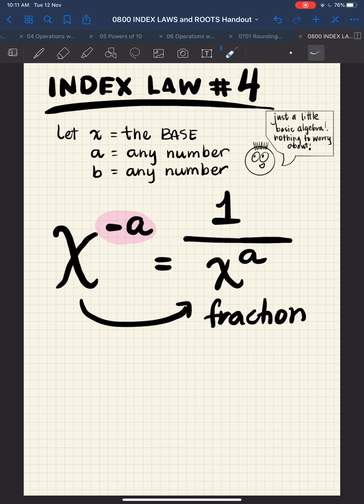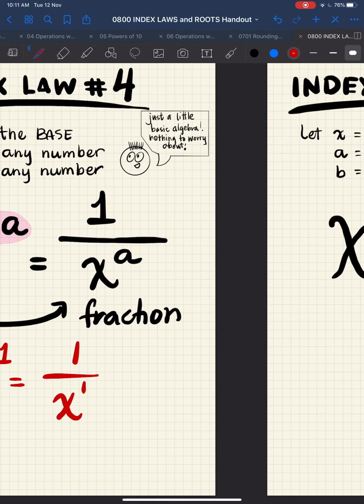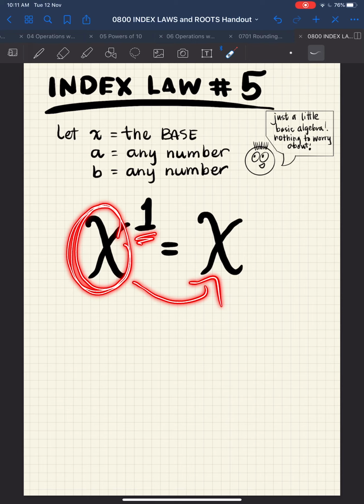Over here, same thing. If we have x to the negative 1, it's equal to 1 over x to the first power. And as you will know later, with index law number 5, any base or number raised to the first power is itself.